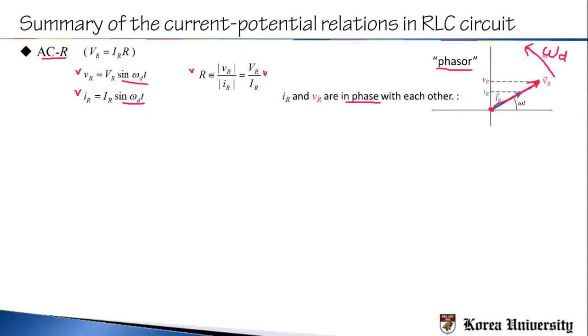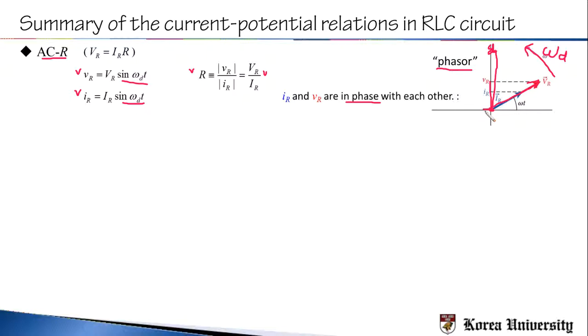It will continue to rotate as a function of time, and the actual value of the potential we will measure will be the projection of this arrow along the y-axis here. At this location, this much will be the actual value of the potential, but if it continues to rotate and the arrow comes up to here, then this much will be the actual size of the potential.